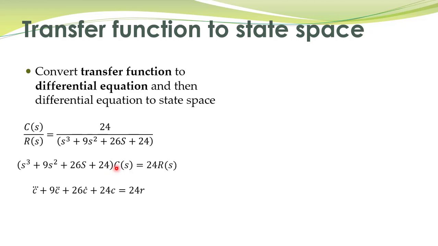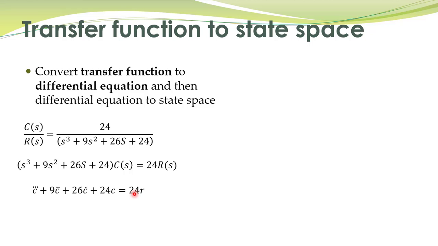So we can easily write the corresponding differential equation that is given over here, and once we have this differential equation, then the state equations and state space description can be easily obtained as we have done on previous slides.